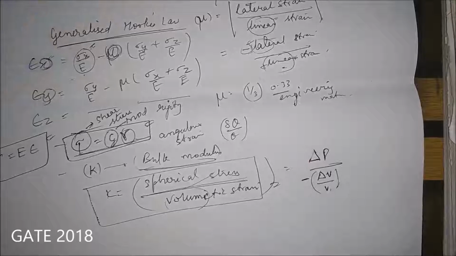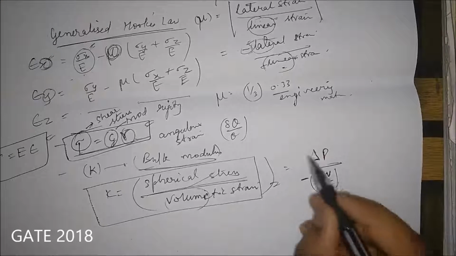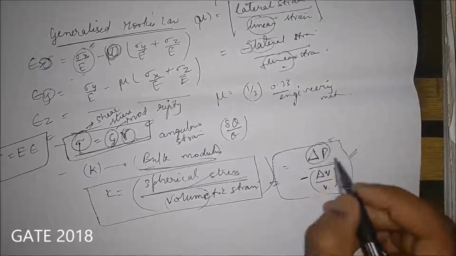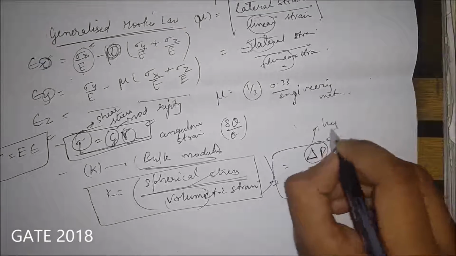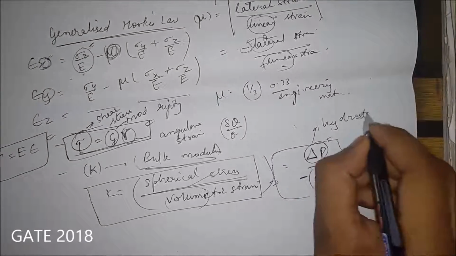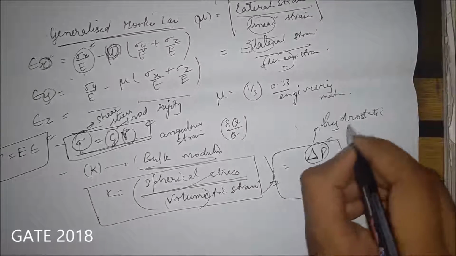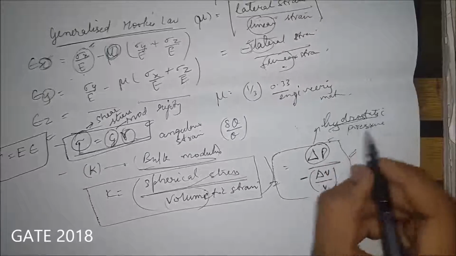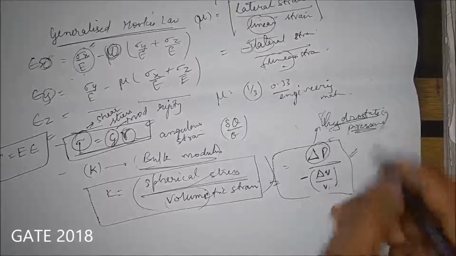It will be followed by a minus sign. Why? We will come to know in the further chapters. So this is the thing. Also, this delta P is also called hydrostatic pressure. When we do fluid mechanics, we'll come across this term.